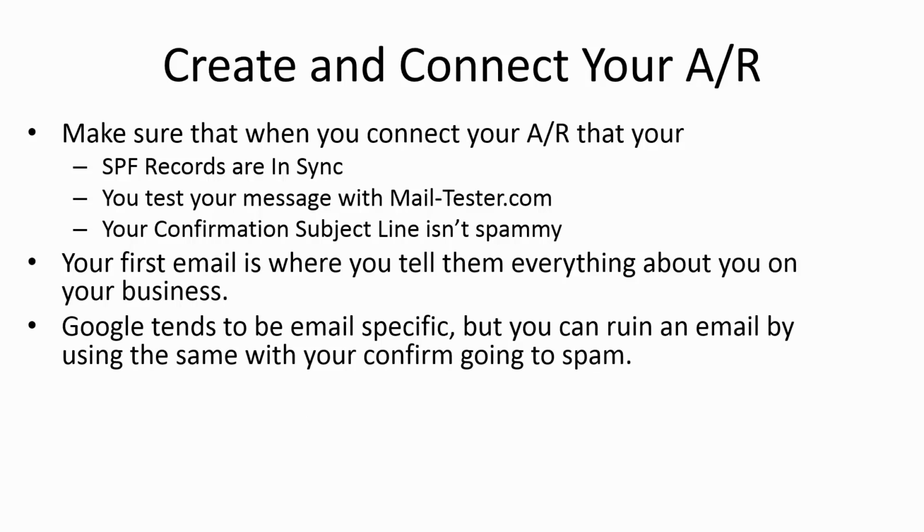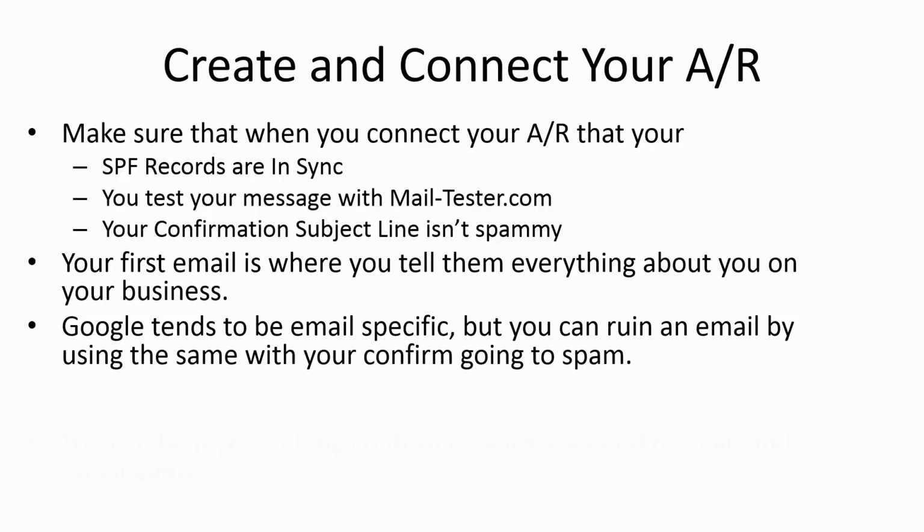Google tends to be email specific, and what I mean by that is that for emails that go to Gmail in particular through your autoresponder, you can ruin an email address by using the same email and having that email go to spam. Be careful then about using an email inside your confirmation emails. In fact, if you can use a different email, if you can use a different domain, sometimes that will help you when you start sending emails from a particular email address and domain.